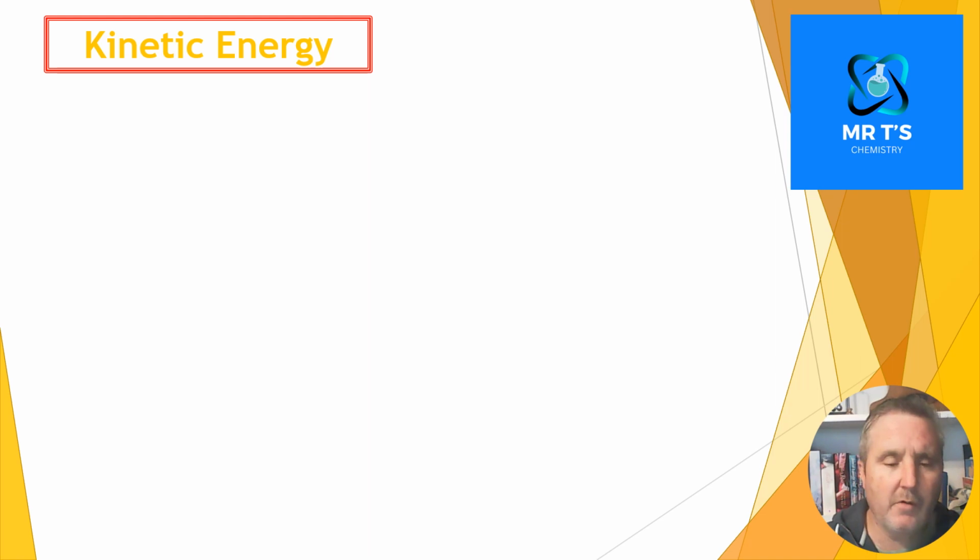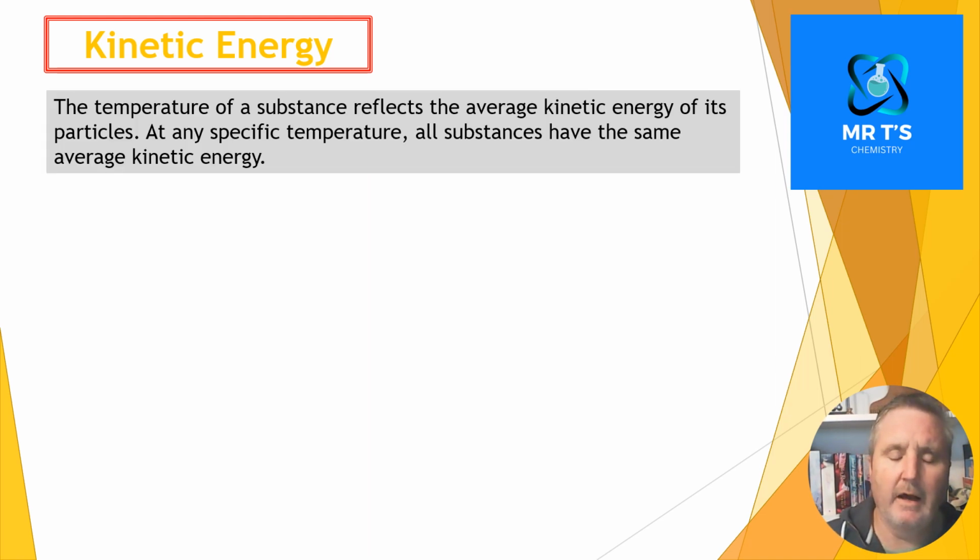Okay, so if we were to take any substance, the average kinetic energy, which is derived from the velocity of the particles, is the same independent of the substance. So if you had, let's say, some water at 25 degrees, each particle of the water would have an average kinetic energy.